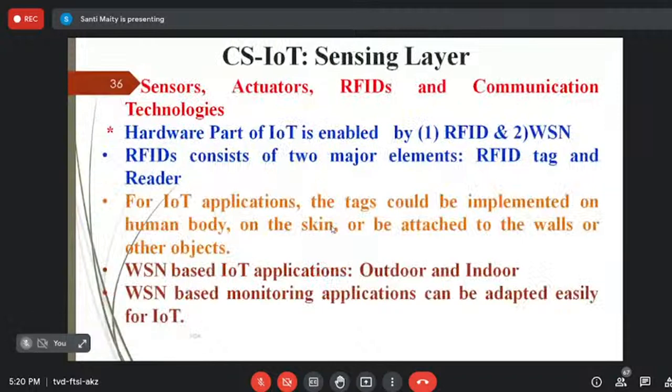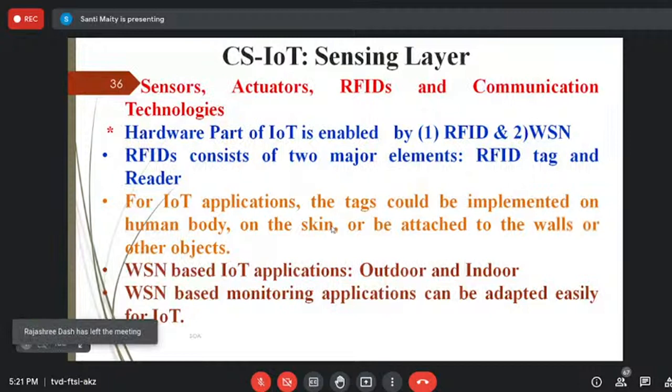Now, the first level is the sensor level. As I said, sensors, actuators, RFIDs and communication technologies are all integrated, right? And particularly, there are hardware and software heterogeneities as well. Basically, the hardware is made by RFID and wireless systems, the two realizations.